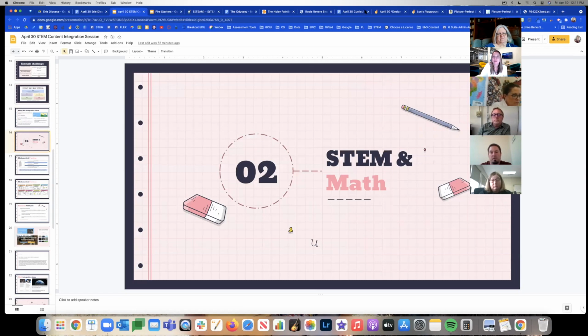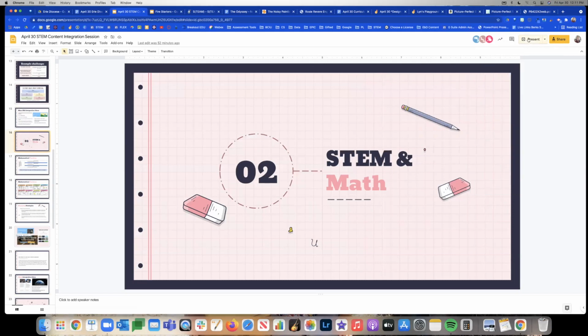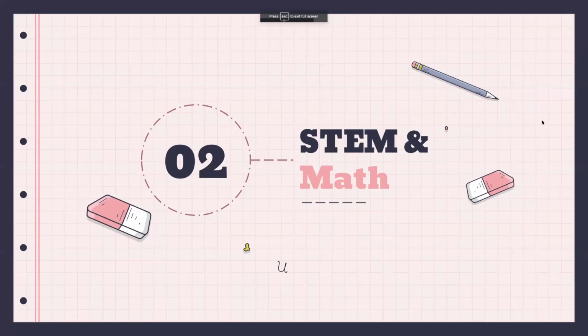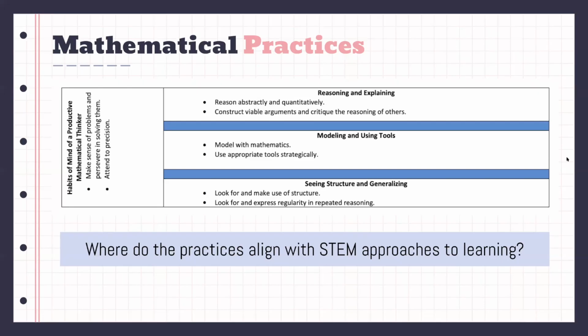All right, so let's talk about math. It seems weird to say, okay, STEM and math, since M is math in STEM, but these are just a couple of reinforcing ideas about the practices of math. And I know that is a focus of your group this year, and Josh spoke to the importance of the mathematical practices where students are modeling with math, using the right tools at the right time in the right ways.